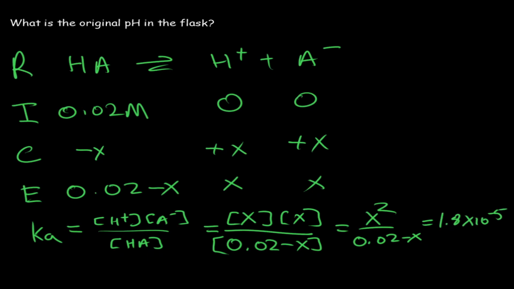So our next step is to solve for X. And again, what will X give us? X will give us the concentration of our protons. So if we do the negative log of X, we should get our pH.